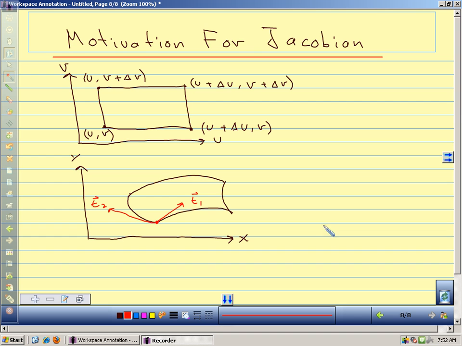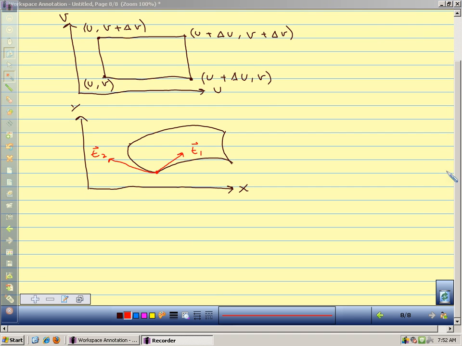We can find our tangent vectors with the derivatives of x and y with respect to u and v. Just like we talked about with surface area, we approximated this curved surface with a tangent plane, and we took the tangent vectors to the corner of the tangent plane to find the area of our little piece.